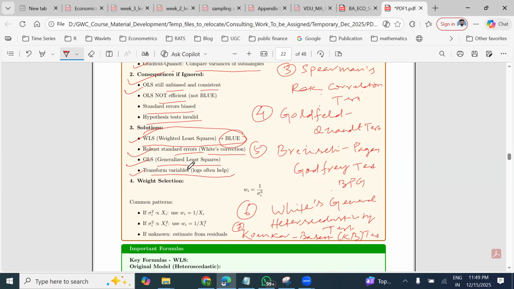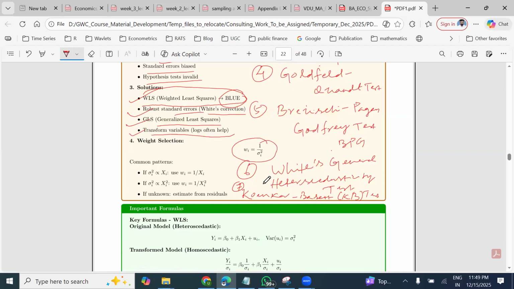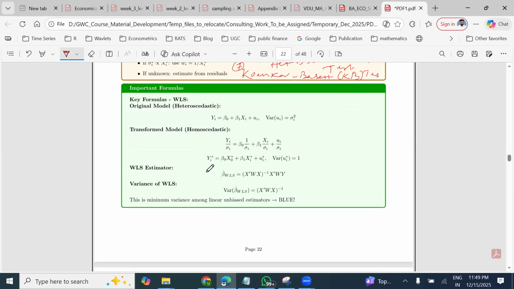You can take log. Then, how will you define the weight? It is given like this. If it is inversely proportional, then how it will be, and so forth. This is the OLS estimator formula.